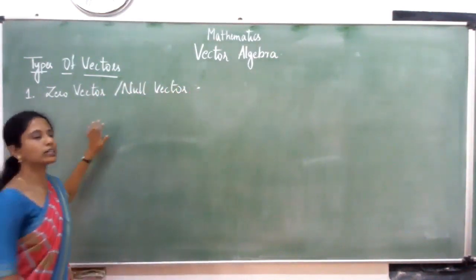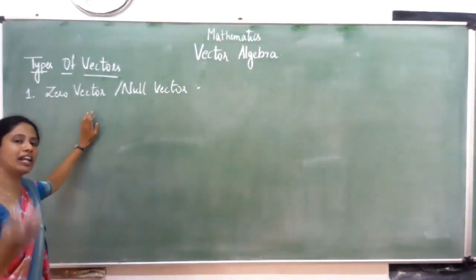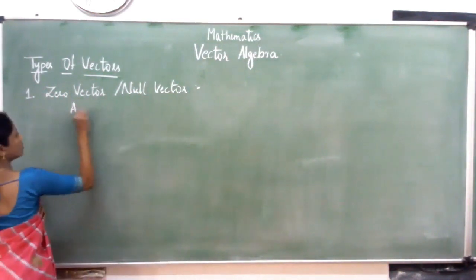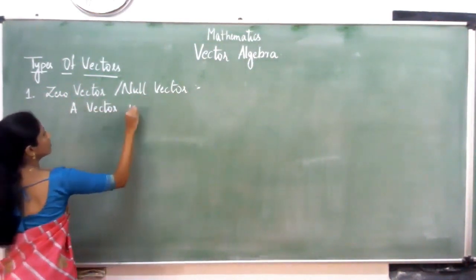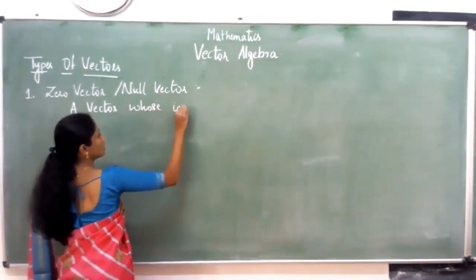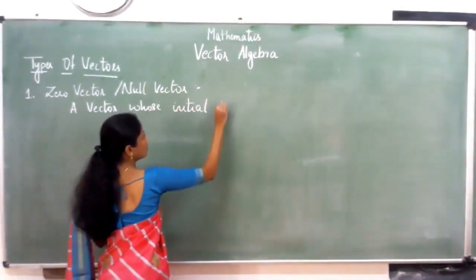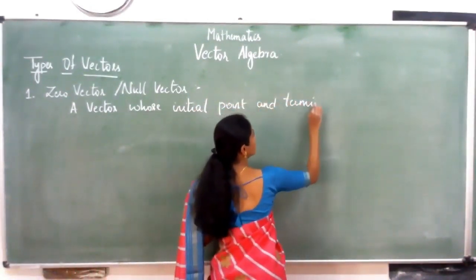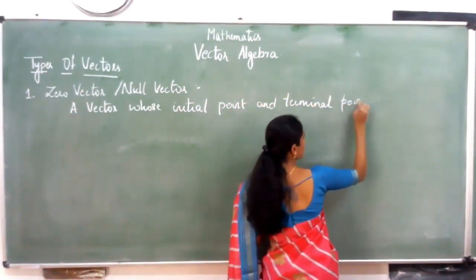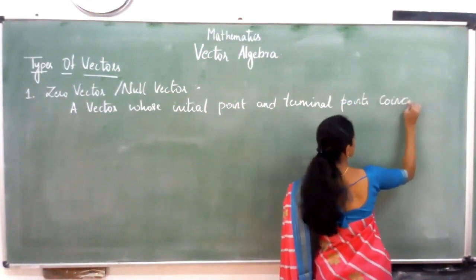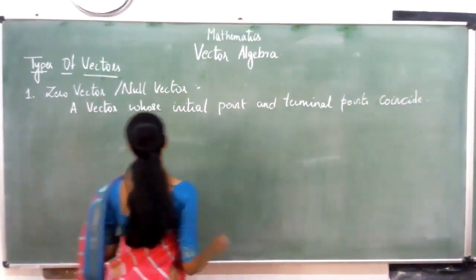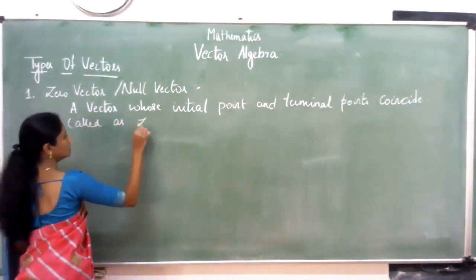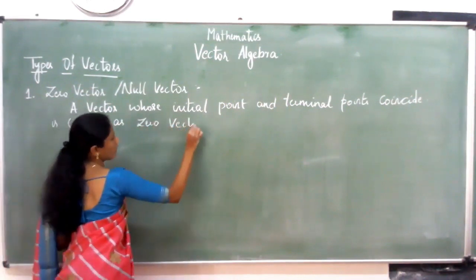So zero vector or null vector is a vector whose initial and terminal points coincide. A vector whose initial point and terminal point coincide is called a zero vector.